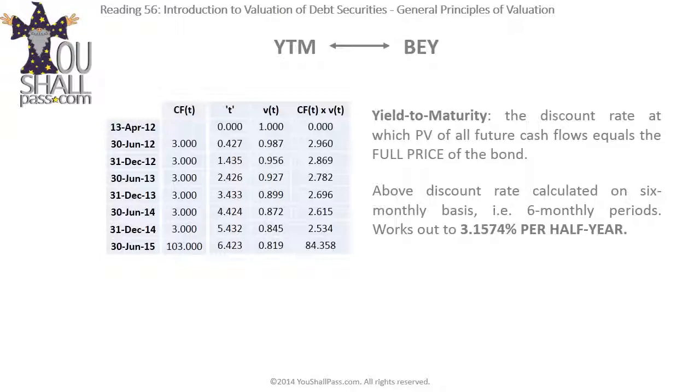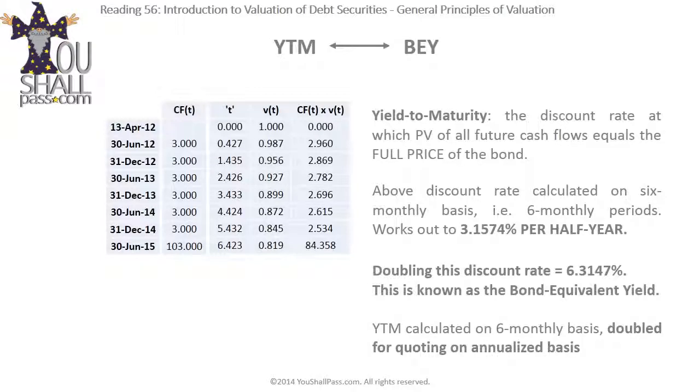That's shown in the column T, which shows the number of half years from 13th April until the next cash flow. So you work out the present value using these 6 monthly factors, but when it comes time to quote the YTM, you double the 6 monthly discount rate used to calculate the present value, and that rate, twice the 6 monthly rate, is called the bond equivalent yield.